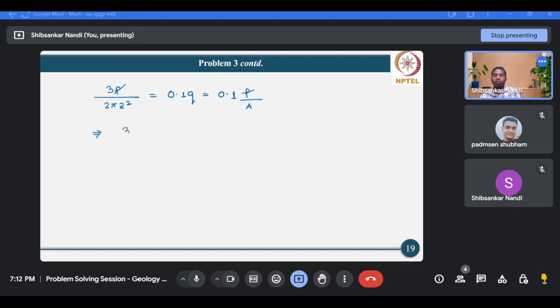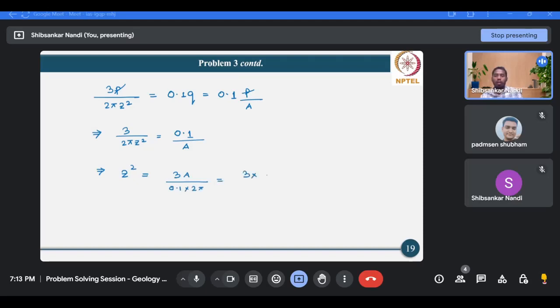So 3 by 2 pi z squared is 0.1 divided by A, so z squared is 3 by 2 pi times A by 0.1.